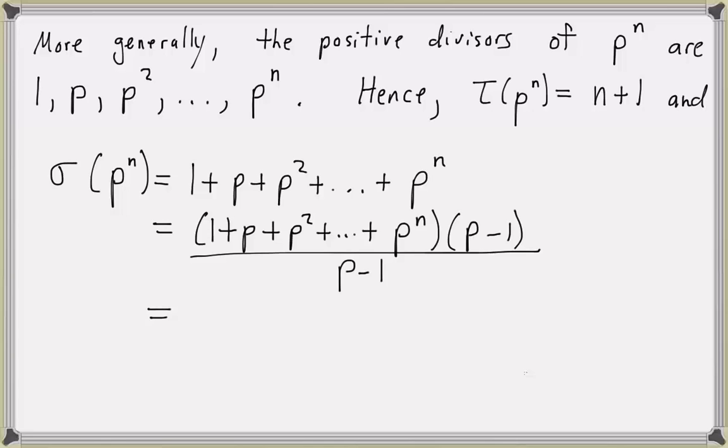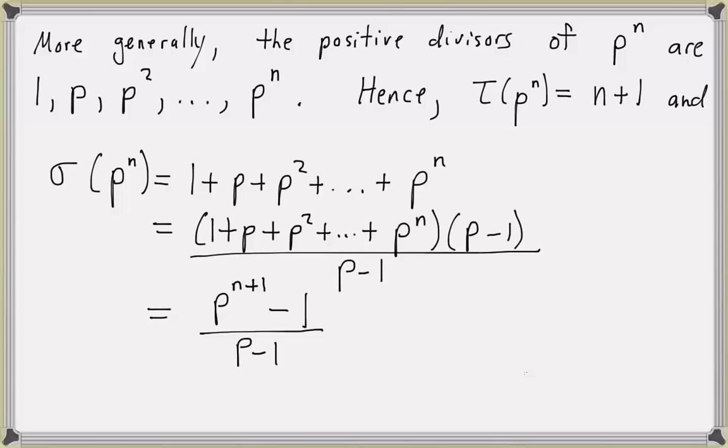If you multiply out the numerator, you'll get p to the n plus 1, and all the other terms except for minus 1 will cancel. And so we see that sigma of p to the n can be written as p to the n plus 1 minus 1 all over p minus 1.